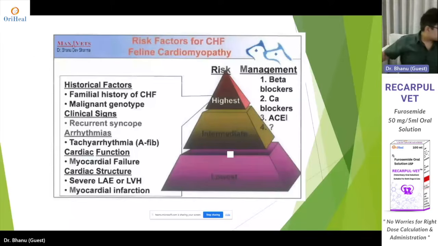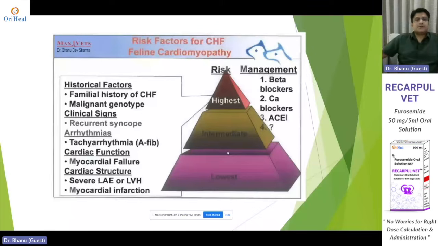When you're talking about the treatments, you have to consider the genetics involved, whether there has been any syncope or not, whether there have been any tachyarrhythmias or not, whether there has been a history of myocardial failure or not, whether the chambers are dilated or not, whether the walls are thickened or not, whether there is any kind of scarring on any of the heart walls, whether there is any kind of hypoechoic structure which you see on the left ventricular wall.